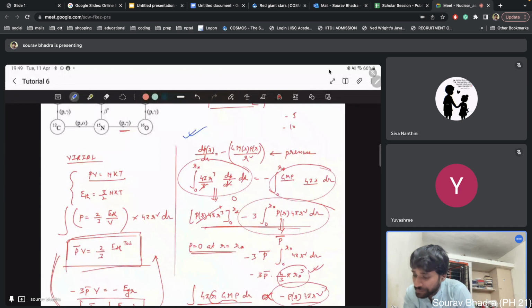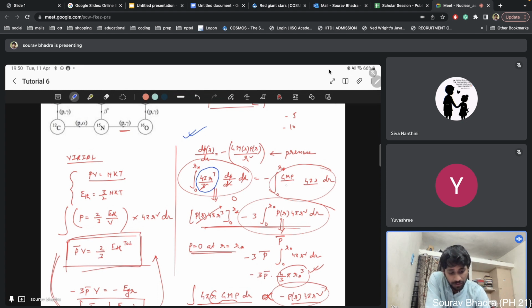Just let me check it here. 4/3 pi r cube dP/dr, there will be cancelled out. 4 pi r cube, minus 3, yes, I think it is okay. It is okay now. The factor will be 4/3 pi r cube, not 4 pi r square.